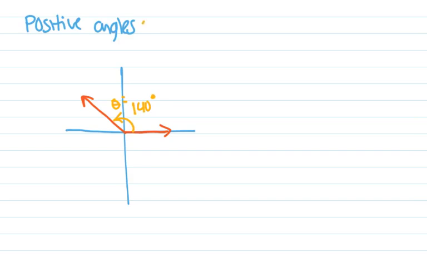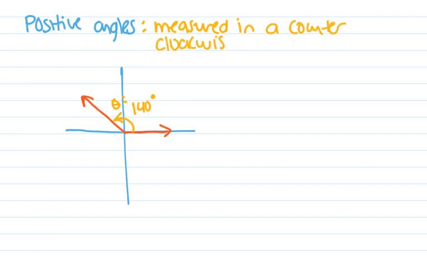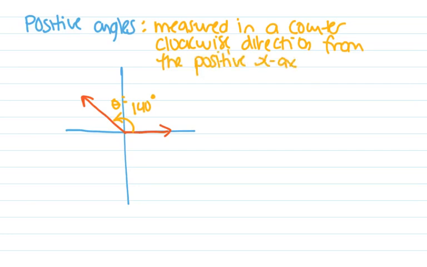So positive angles are measured in a counterclockwise direction from the positive x-axis. All right? Okay, and then along with that, so that's our principal angle, 140 degrees.